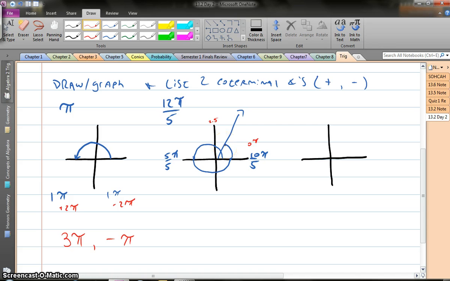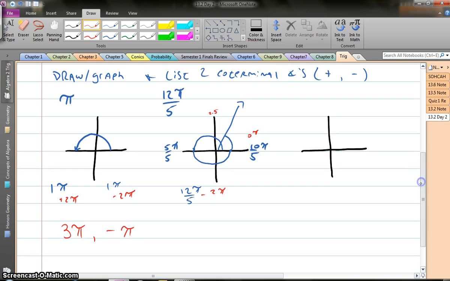So we started with 12 pi over 5. To get my coterminals, I either need to add or subtract 2 pi. Let's subtract 2 pi. In order to subtract 2 pi, I need a common denominator. In your calculator, you can go 12/5 minus 2, math frac, and it'll give you your answer. But just to show you why, we need a common denominator.